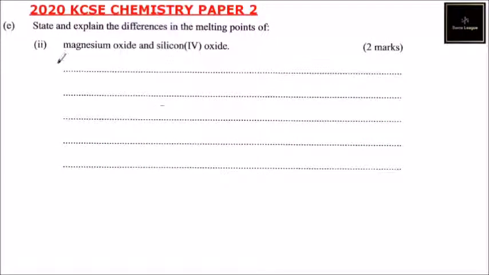This is part A, Roman number 2. State and explain the differences in the melting point of magnesium oxide.